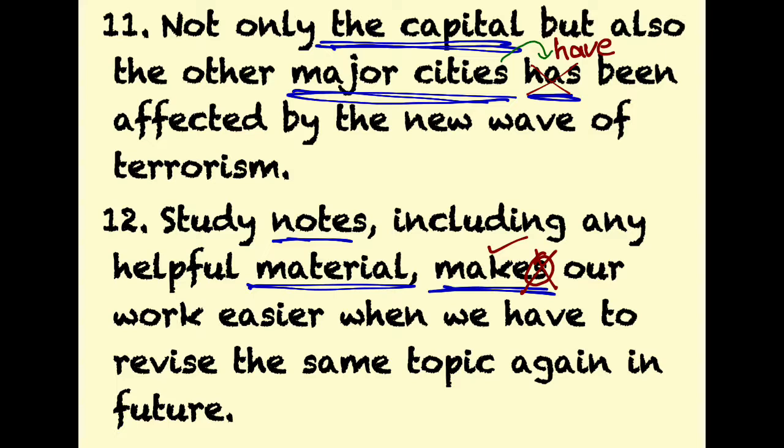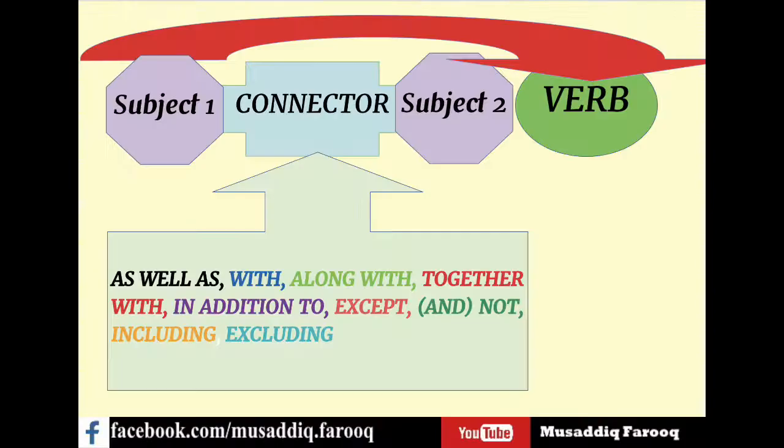Okay, viewers, I hope this lecture was helpful as far as the choice of verb in the case of compound subject is concerned. In all these sentences, without any exception, the subject contained two elements at least.